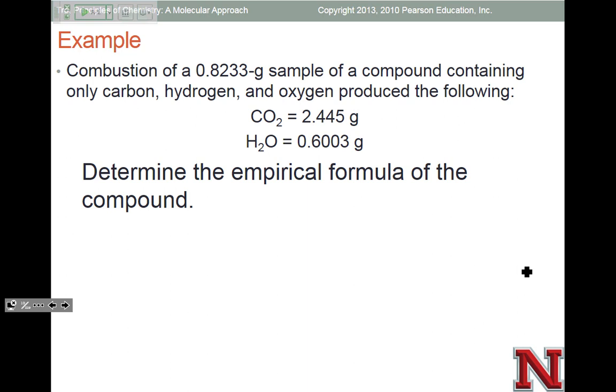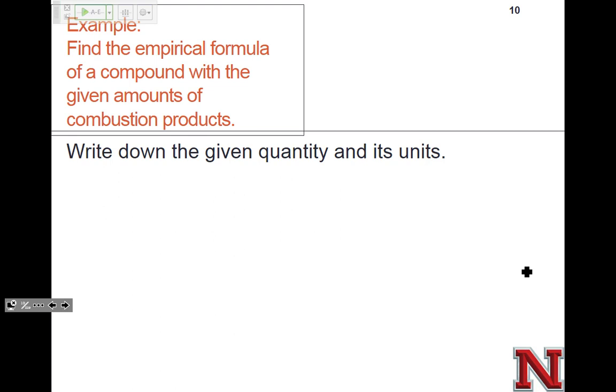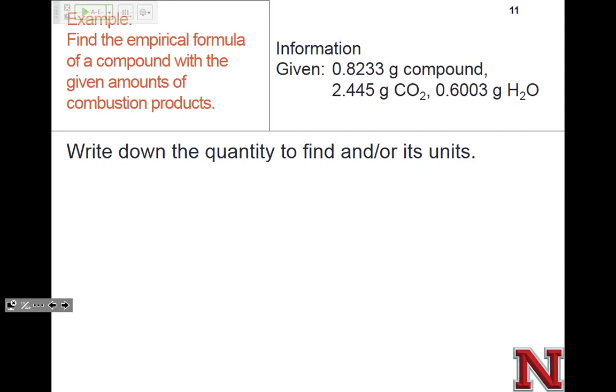So we can determine our empirical formula from this. So first off, some givens. We know that we have 0.8233 grams of our total compound, and we know how much CO2 and H2O was recovered. Now remember, to get our empirical formula of a molecule that only has carbon, hydrogen, and oxygen, what we're trying to get at is this, and remember, this was moles.